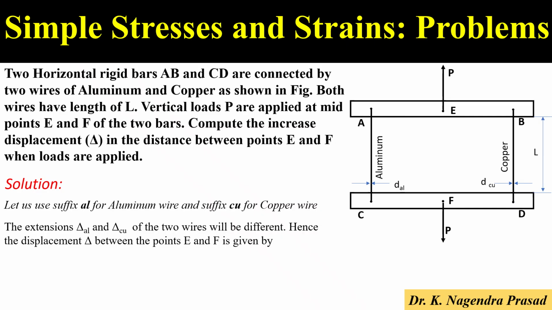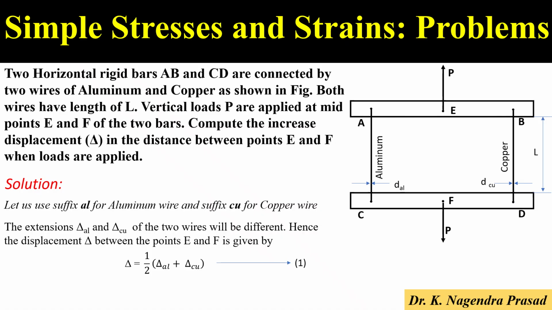Then the extension of the aluminium wire, that is delta AL, and the extension of the copper wire, that is delta CU, of the two wires will be different. Hence the displacement delta between the points E and F is given by delta equal to 1 by 2 into delta AL plus delta CU.